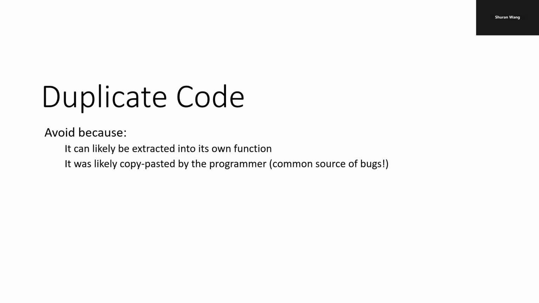It was likely copy pasted by the programmer from somewhere else. If there is one bug in one of the copy pasted code and you fix that bug but don't fix it in the other cases, which is likely going to happen because you won't know all of the places where that piece of code is copy pasted into.